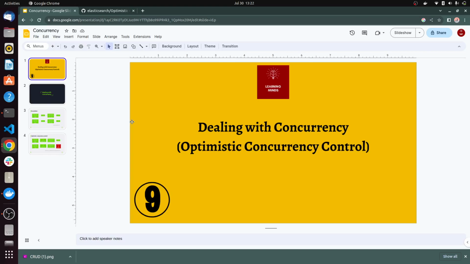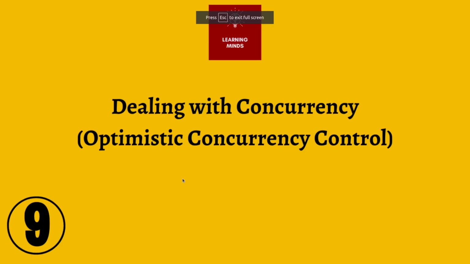So this is the ninth video of the Elasticsearch playlist, and I would recommend you to watch my previous videos and then come to this video. In this video I will be telling you about the problem of concurrency. When we are dealing with distributed systems like Elasticsearch, we can run into problems with concurrency.